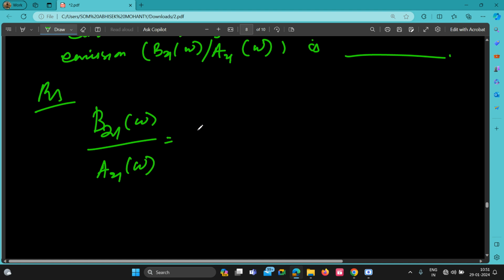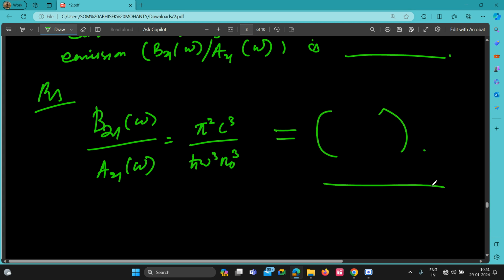The formula is pi square c cube divided by h bar omega cube n naught cube. This is the formula for the Einstein coefficient relation. You have to remember this. There's no other way. And if you put all the values, you will get the simple answer.